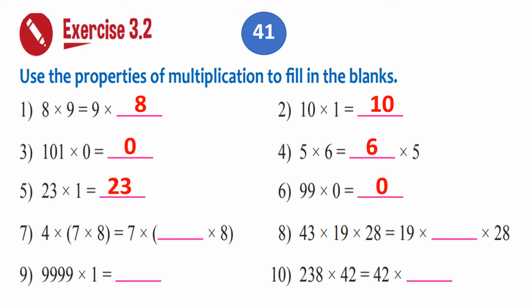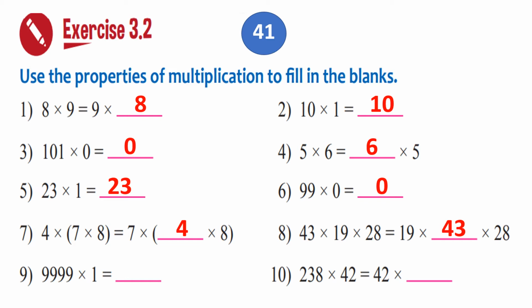We change the position. The missing number is 4. Number 8. 43 times 19 times 29 equals 19 times what missing number, times 28? The answer is 43.